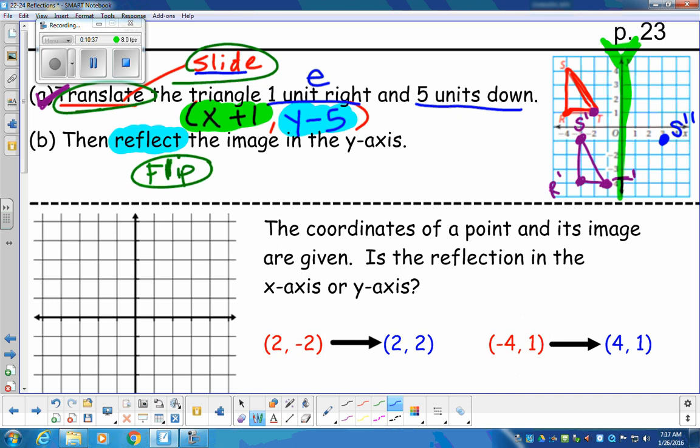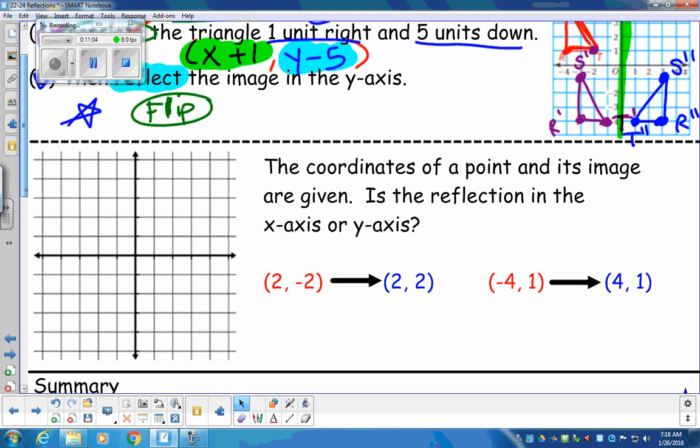R prime down here is 3 units to the left, so when I flip over, it should be 3 units to the right, R double prime. And T prime is 1 unit to the left, so when I flip it over, it becomes T double prime. Gives me this reflection. Notice there's a flip there. Is it congruent? Yes. So we can just go ahead and put a star here to say that we've done that. Okay, so reflections. Has to be a flip, has to be congruent.